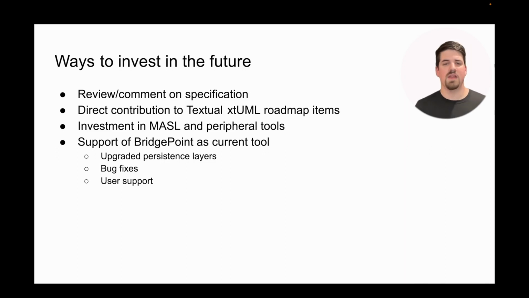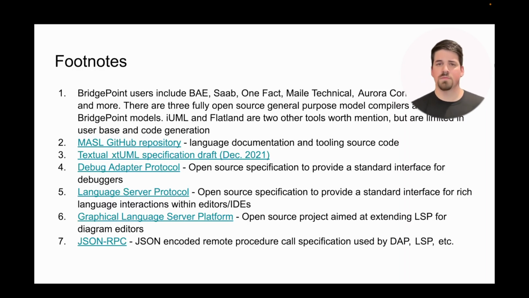Continued investment in MASL and its peripheral tools is always going to be appreciated, as MASL will be kind of the first infant stage of the xtUML spec. And also supporting BridgePoint, as BridgePoint will continue being the most available tool for the foreseeable future. Thank you very much.